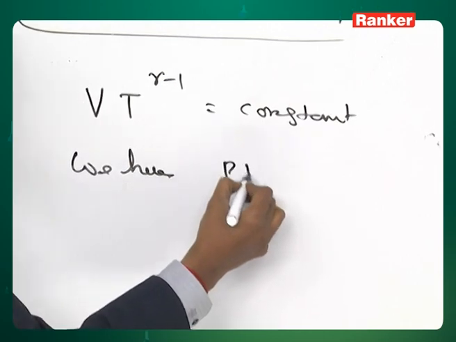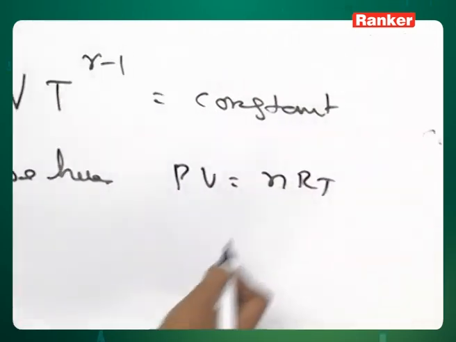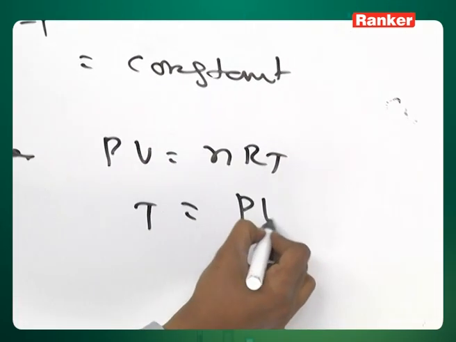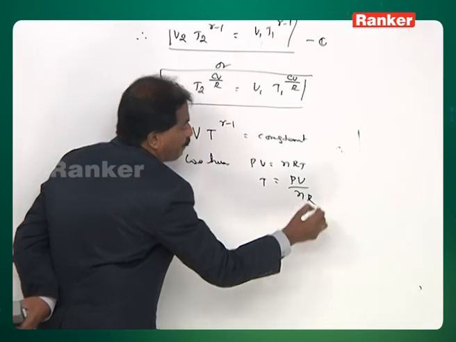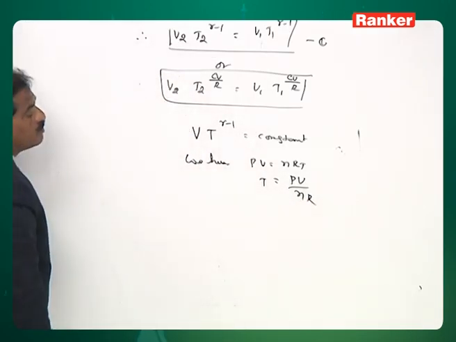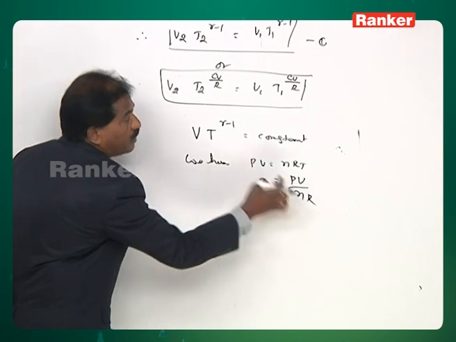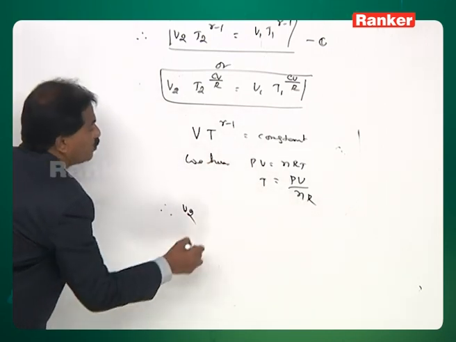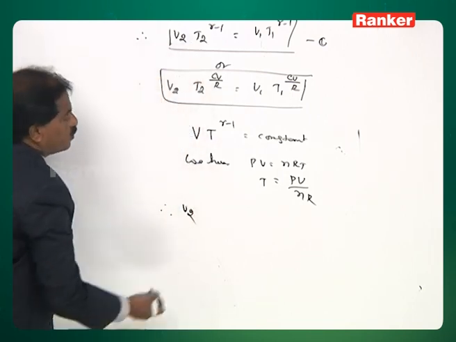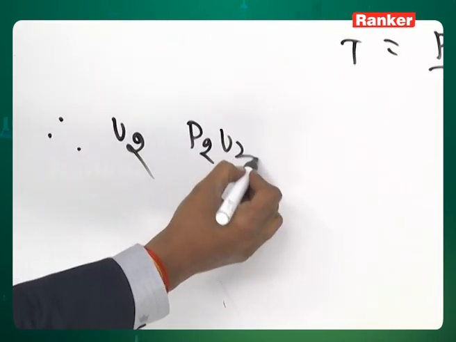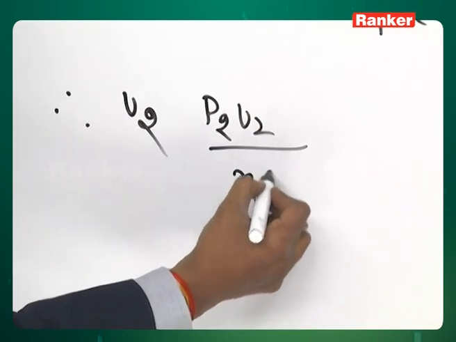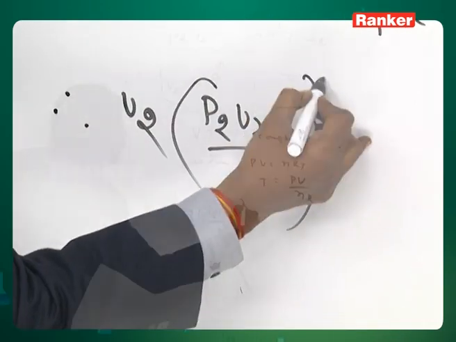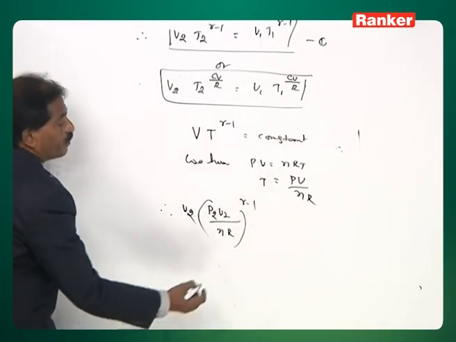So, for that purpose, we have PV is equal to nRT. Therefore, T is equal to PV by nR. That means wherever T comes, you can substitute the PV upon nR. Therefore, V2, here in place of T2, you put P2 V2 upon nR raised to the gamma minus 1.